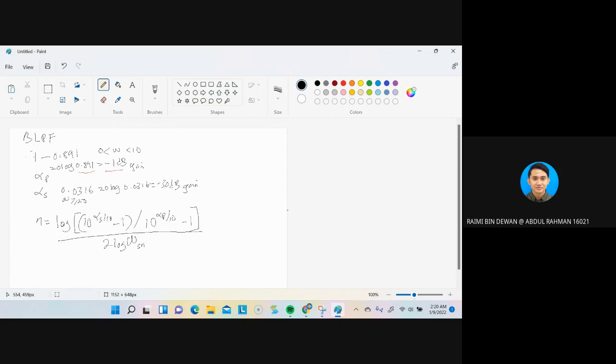Okay, this is the equation given by the appendix. So the first step, you need to be able to determine the order of the filters.